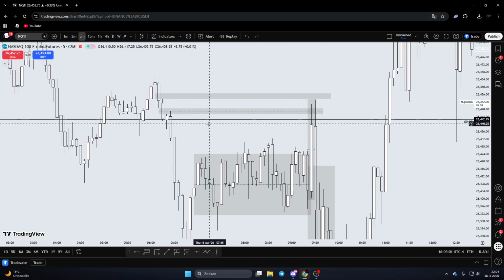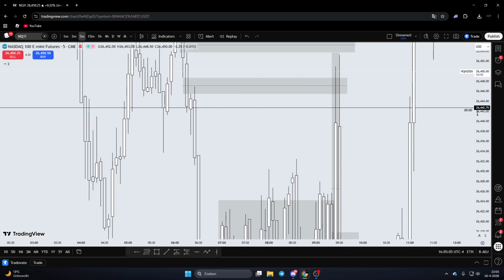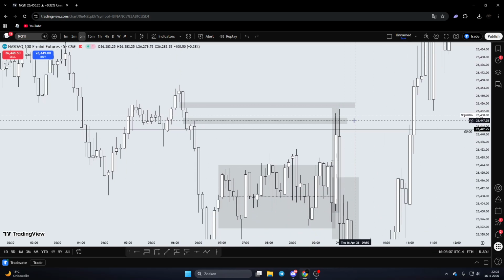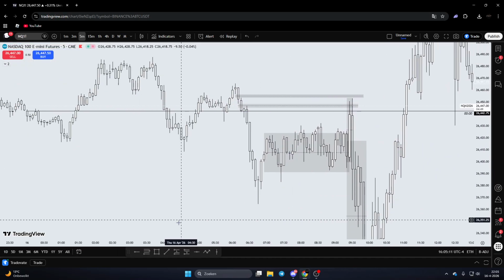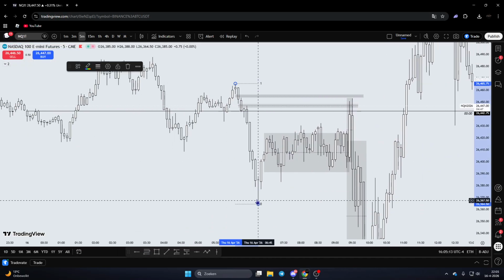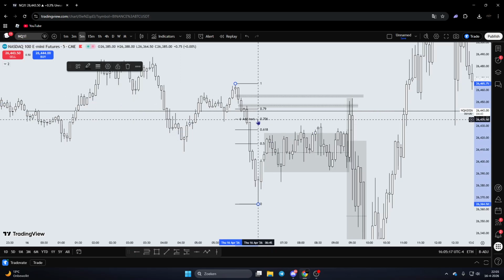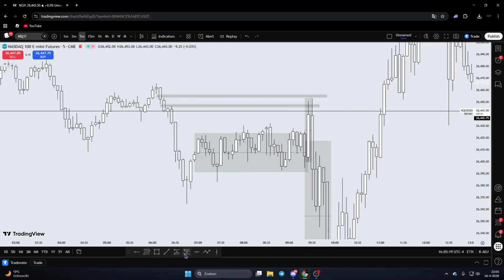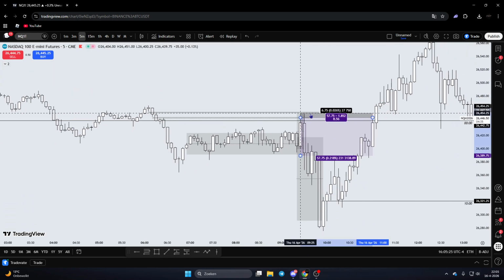Technically we have this high, which I think edged the CE. Yeah, see, it edged the CE, so I just limited the CE. And I think the fib would also have given you some extra confluence. Yeah, 7-9 level, easy. This was textbook in my opinion. So you just limit the CE.